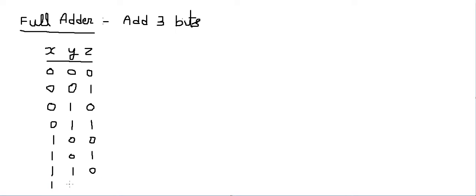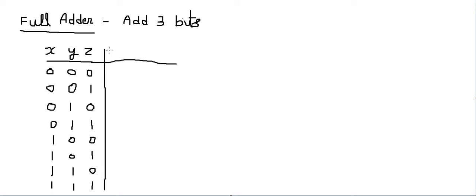So these are all the 8 combinations that we generate using 3 bits. Now, how does the full adder add these 3 bits?